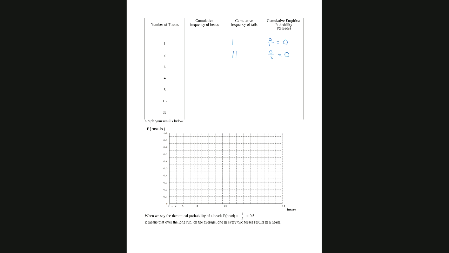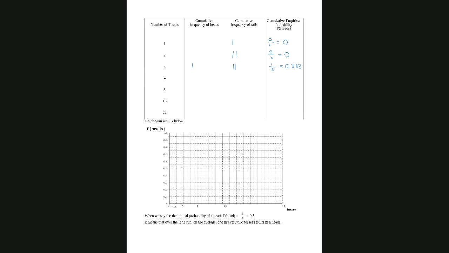I'll bring my results down just like before, and now I need to only flip the coin one more time. All right, this time it came up heads. So my cumulative empirical probability now becomes 1 out of 3. And we want to get the decimal form of that, which is approximately 0.333.